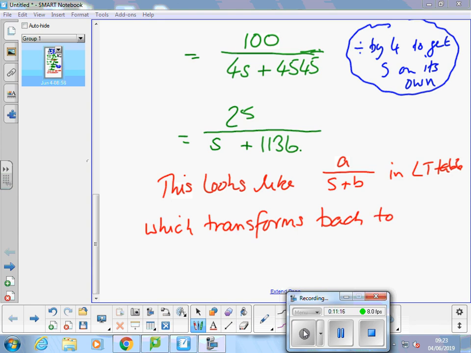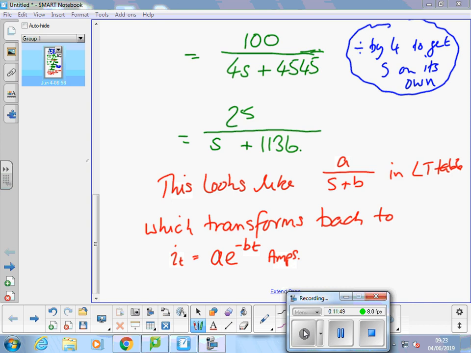So if we've got I over s, a constant over s plus another constant, it transfers back to i(t) equal to I e to the minus bt amperes. Yep. So that's looking at that table and transferring back.